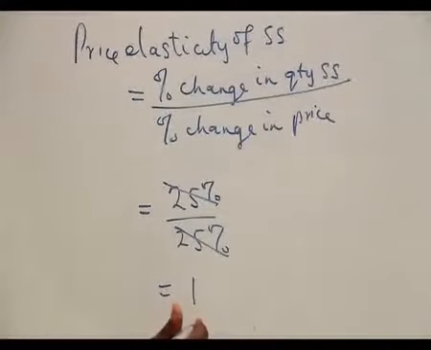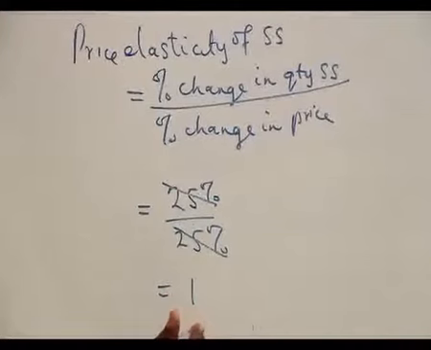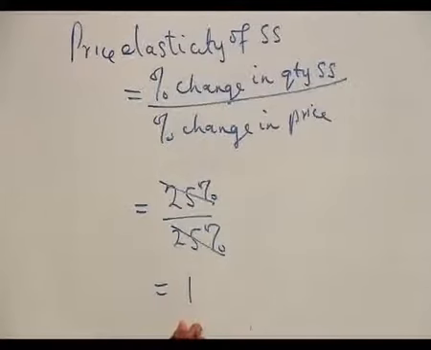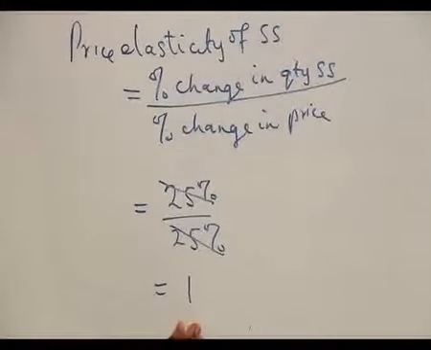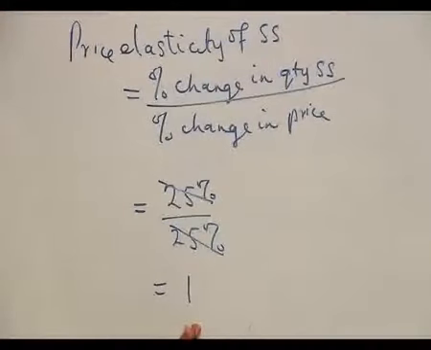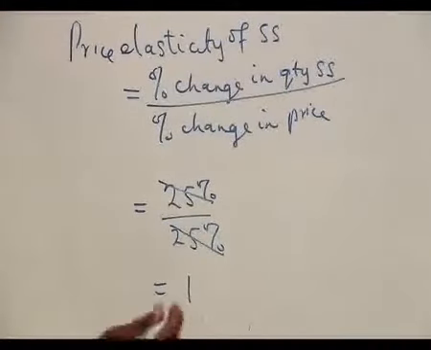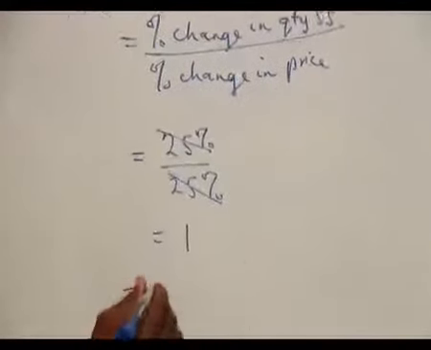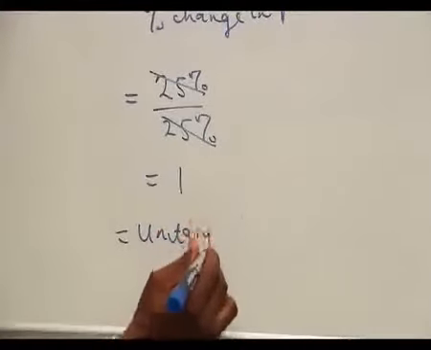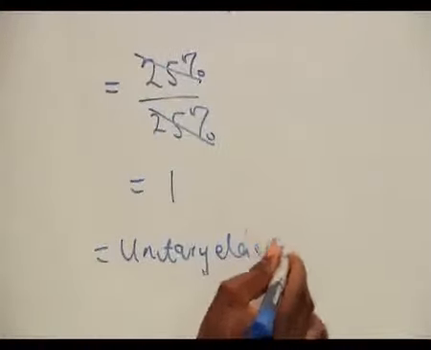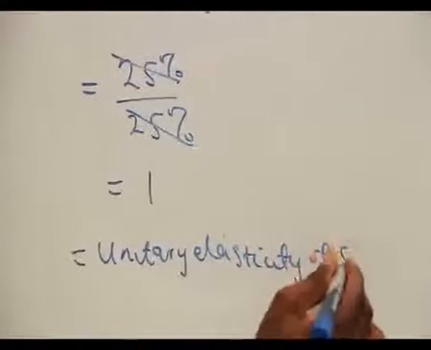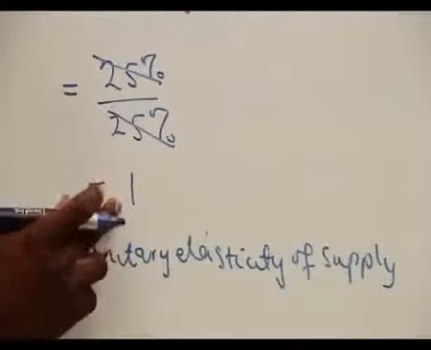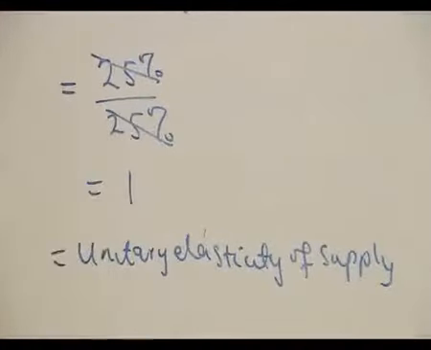And what type of price elasticity of supply is this? We have demonstrated the types: unitary elasticity of supply, elastic supply, inelastic supply, perfectly elastic, and perfectly inelastic supply. The one that always has the coefficient of 1 is referred to as unitary elasticity of supply, because the coefficient is always 1, not by approximation, but by whole number.